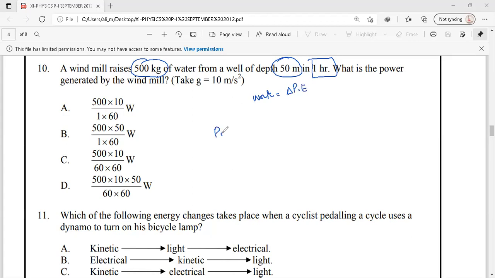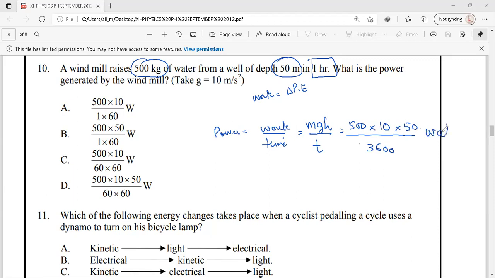So for power, we know that power is the rate of doing work over time. Work is equal to potential energy, that is mgh, and the time is t. Mass of the water is 500 kilograms, gravitational acceleration is 10, height is 50, and the time is 3600 seconds. So this will be the expression for the power in watts.